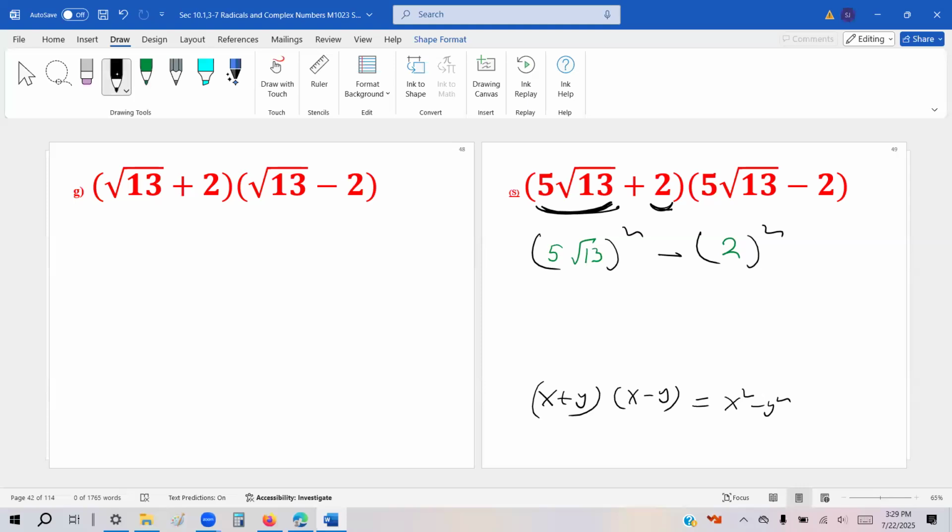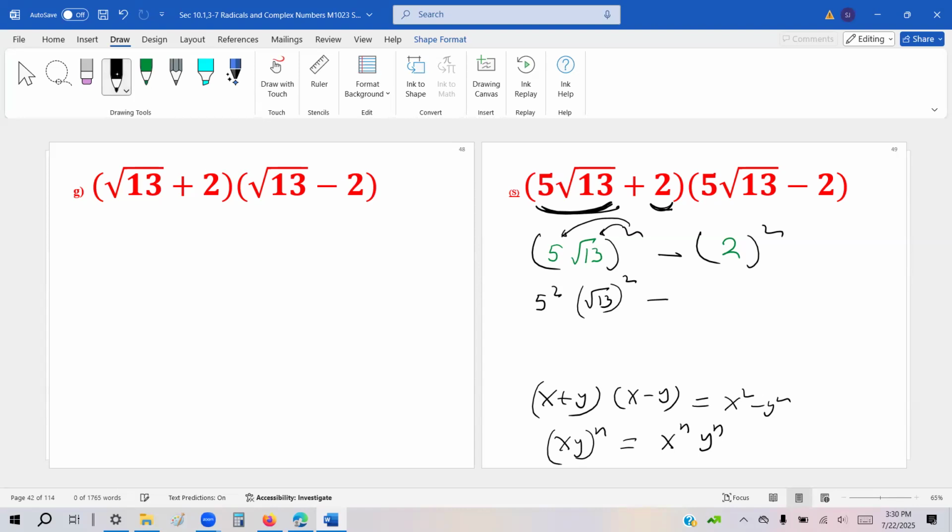And then you use the distribution rule. xy to the power n is x to the n, y to the n. So you distribute the power to both of them. 5 squared and square root of 13 squared.